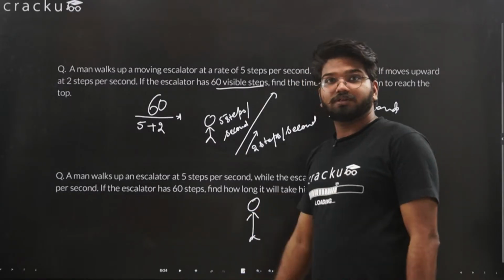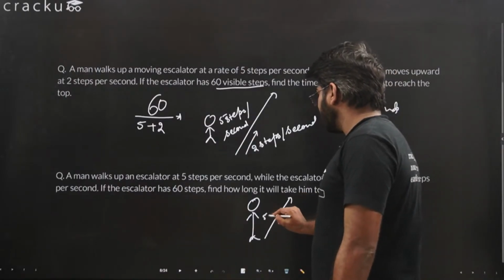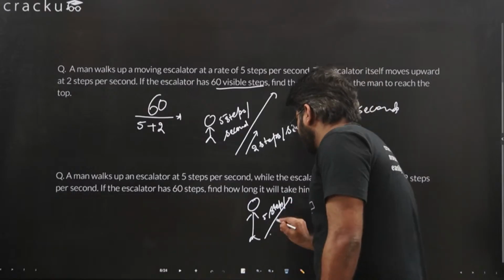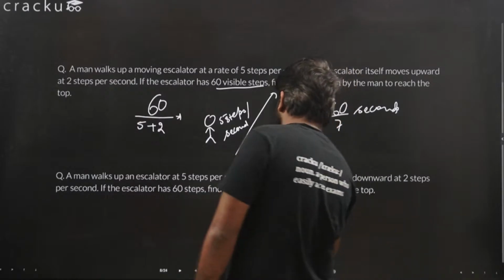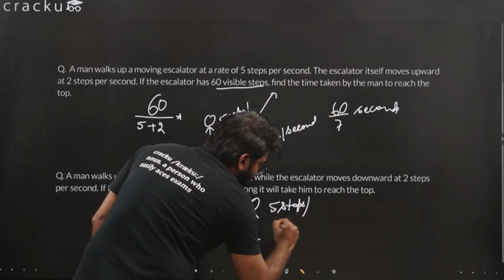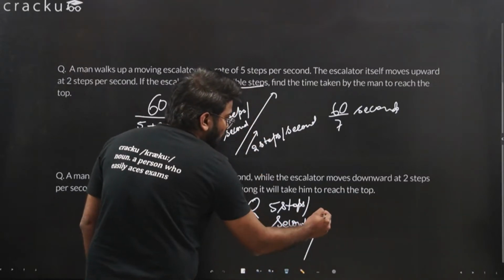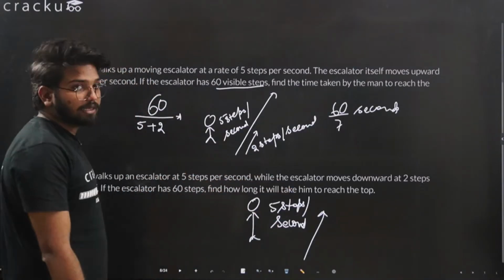Let me check if it is visible. Yeah. So he's trying to go up at the rate of 5 steps per second. Let me write it clearly. This person is trying to go up while the escalator moves downward at 2 steps per second.